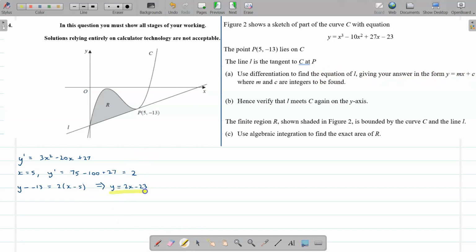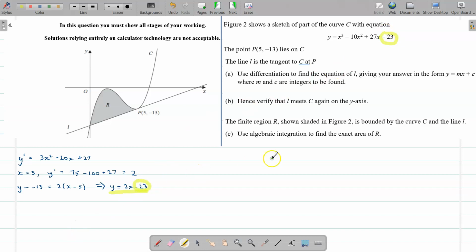Okay, so now we have to verify that L meets C again on the y-axis. Well, basically we can see that the line intersects the y-axis at minus 23. We can also see that the curve intercepts at minus 23.